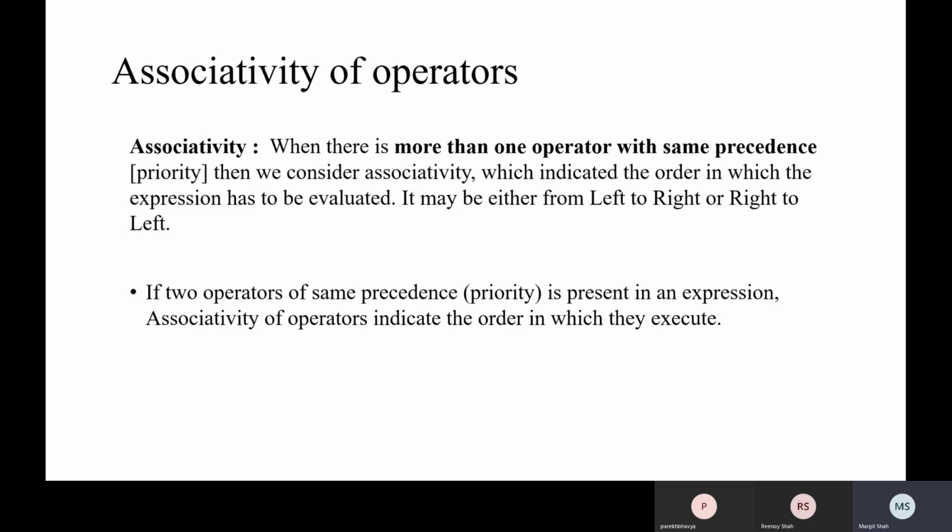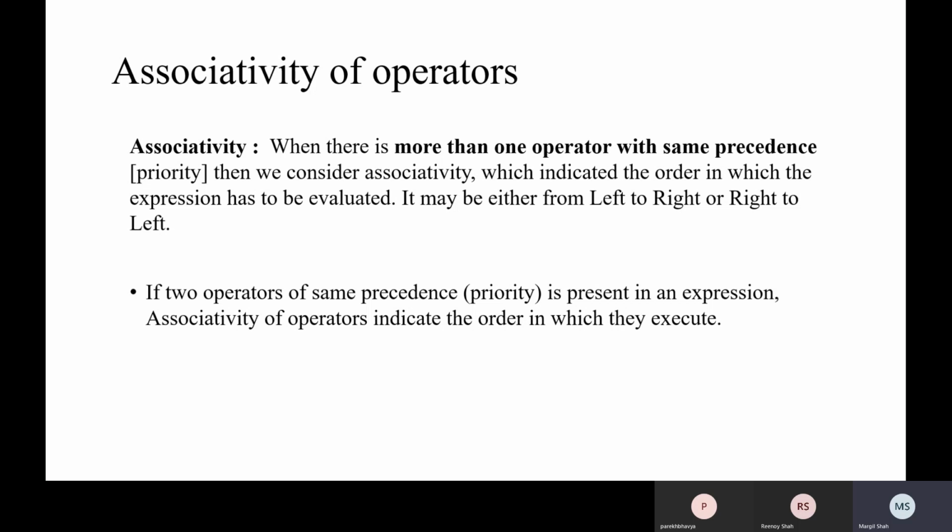Like, in arithmetic precedence, multiplication, modulo, and division all have the same higher precedence. Then which will be executed first?